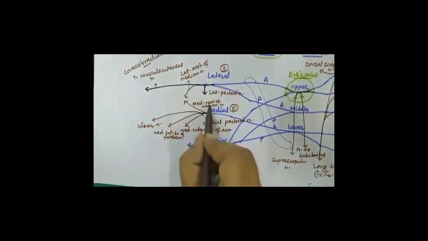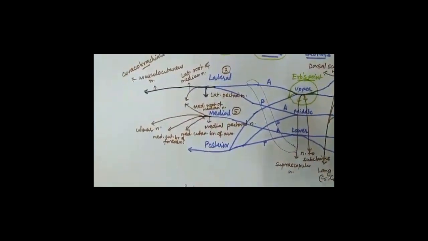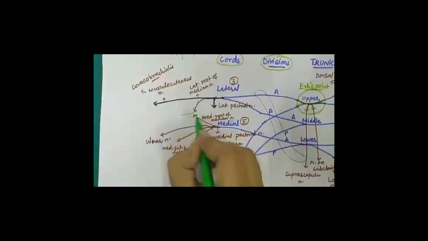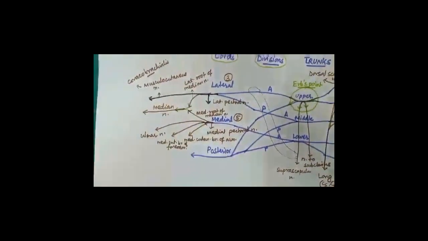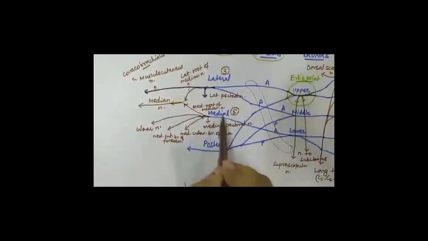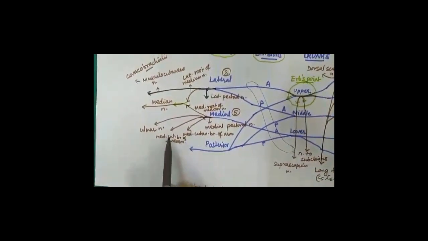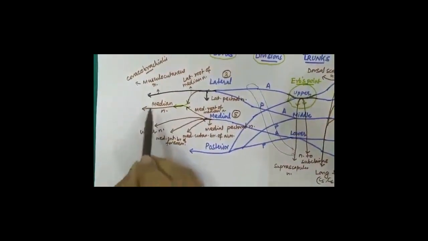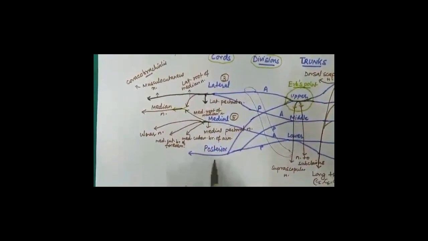Now this medial root of median nerve and lateral root of median nerve, both of them join together and form the median nerve. So the medial cord gives 5 branches: medial pectoral, medial cutaneous of arm, medial cutaneous of forearm, ulnar nerve and medial root of the median nerve.